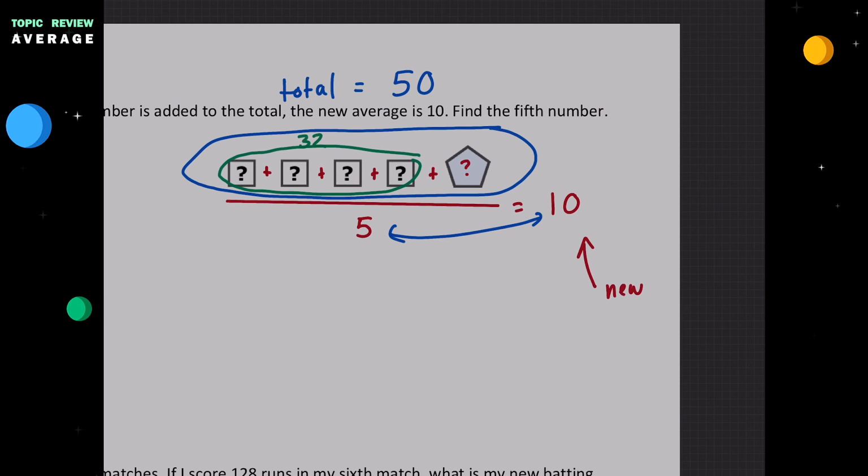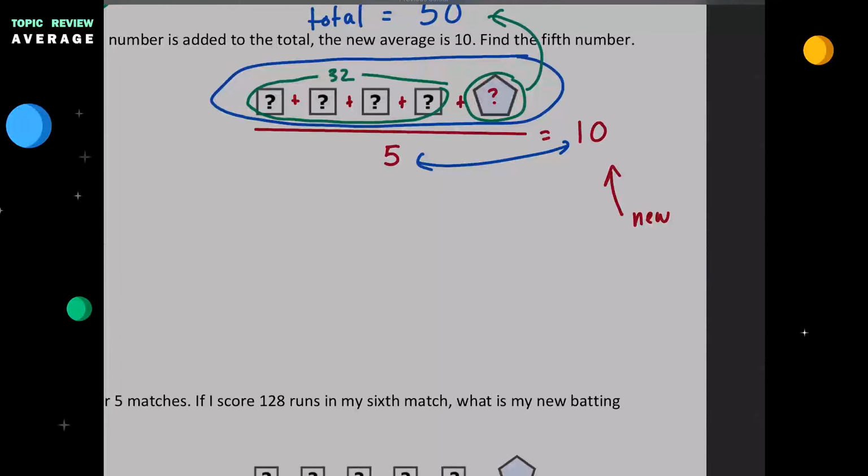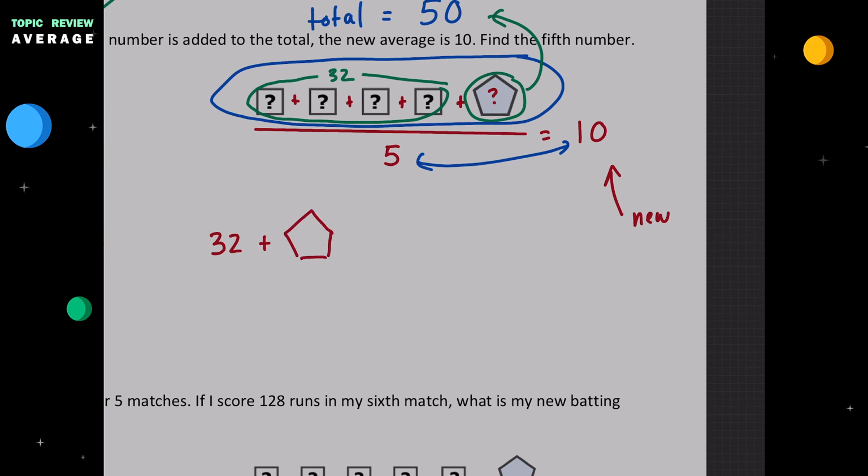So now we know that the first 4 numbers add to 32. But then when you add one more number, it becomes 50. So what's happening is you have 32 plus one more number, and it turns into a total of 50 now.